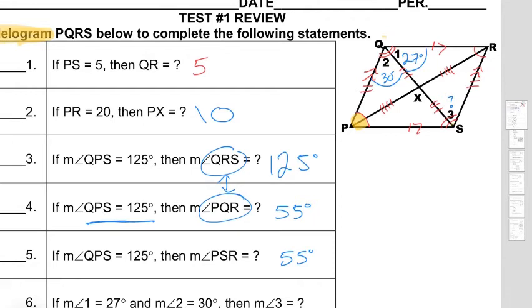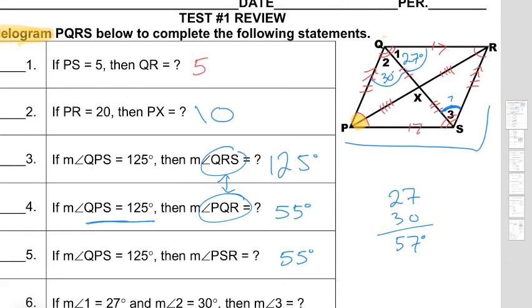So let's figure out what the whole entire measurement of angles 1 and 2 is. All we got to do is add them together, and we get 57 degrees. Now, that is not the measurement of angle 3, because the measurement of angle 3 is only right there. PSR is actually the entire thing, so PSR is actually 57.